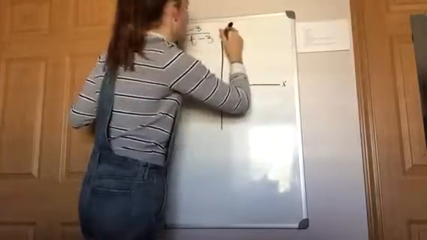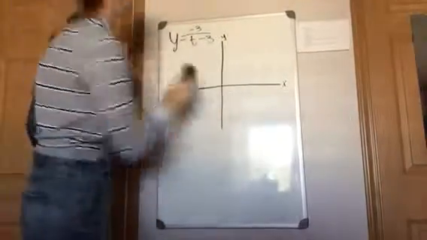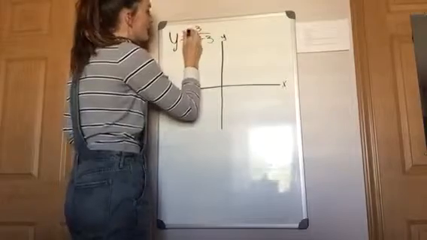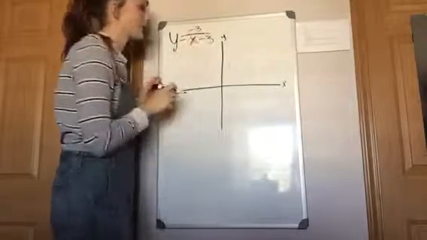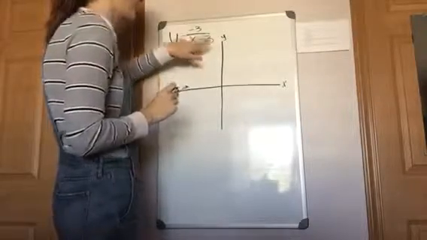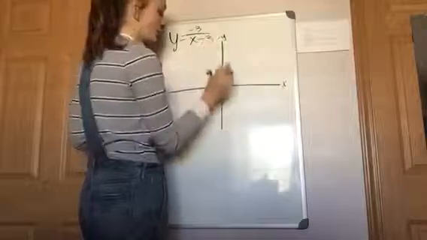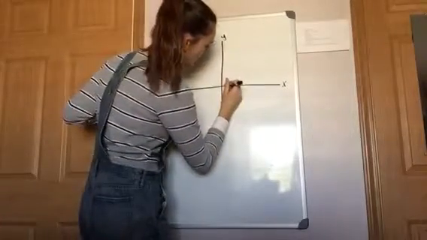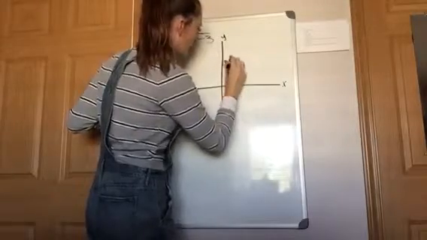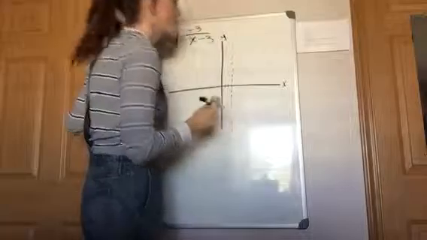This is x, sorry, I don't know why I wrote t. x minus 3. So we know that there is a vertical asymptote at 3. So at 3, we have our vertical asymptote.